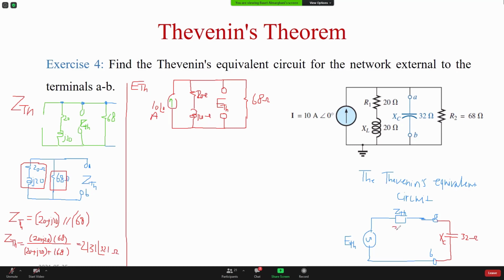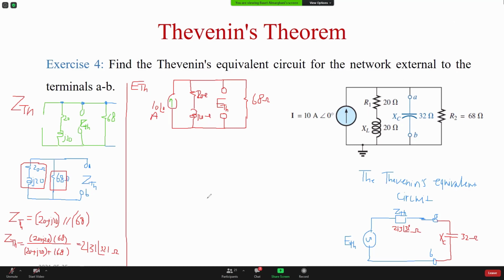So this is 21.3 angle 32 ohm. You can make sure that it is the right value. Plug this in your calculator and get the answer.